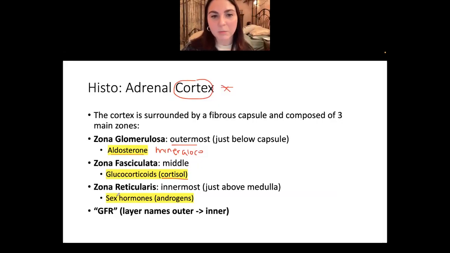Obviously, most estrogen gets produced by the ovaries, and most of the testosterone gets produced in the testes. But in all people, some of both get produced in the adrenal cortex. So it's just something to keep in mind.